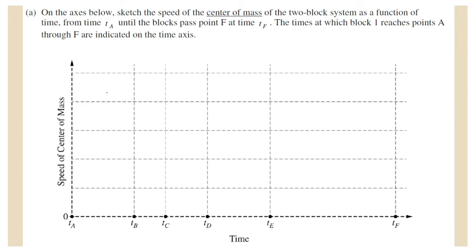I have up to this point expected you to remember basically one thing about the center of mass, and that is that the momentum of the center of mass is conserved in the absence of external forces. So, if the momentum of the center of mass is conserved, that means the speed of the center of mass has to be constant, and if there's a force, then the force is going to change the speed.